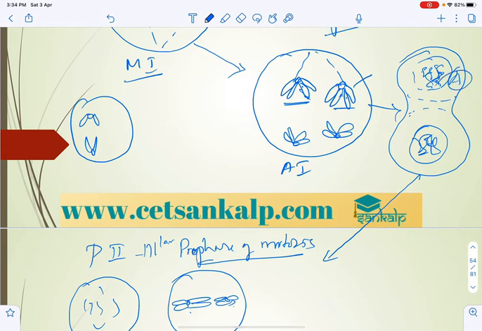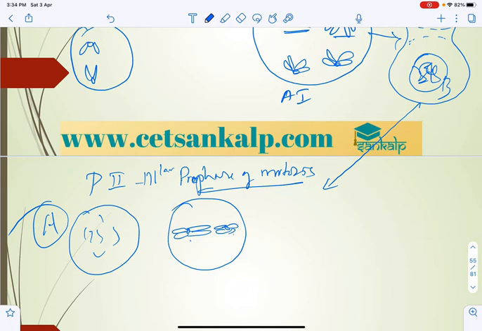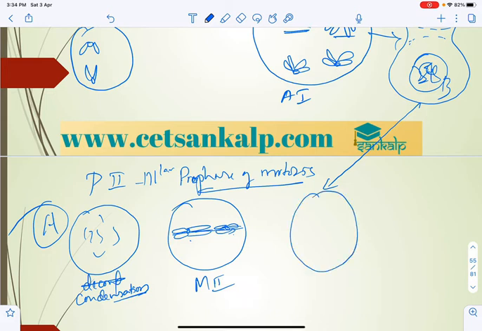If this is the A cell and this is the B cell, let me take only the A cell. Condensation initiates, that is coiling. Here is the alignment of chromosomes, that is metaphase 2, exactly like metaphase of mitosis, and chromatids will split from these chromosomes.